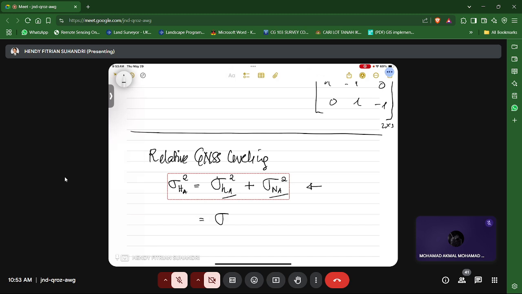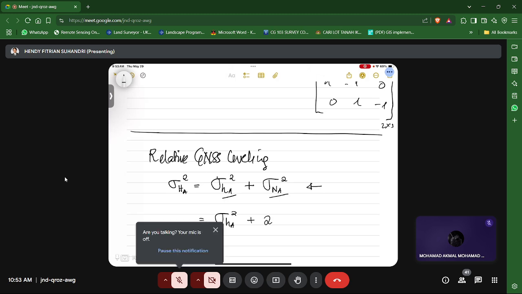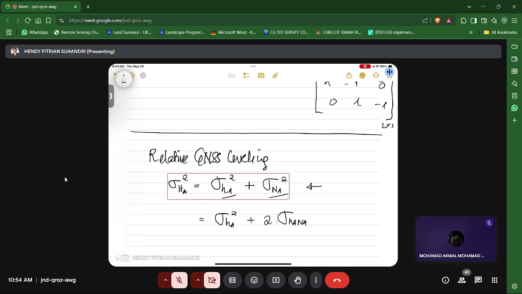Instead, we have sigma HA square plus 2 times sigma HA NA, which we assign as the covariance of HA and NA, plus sigma NA square, where NA is the geoid undulation.